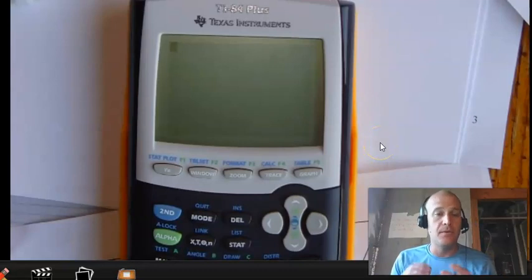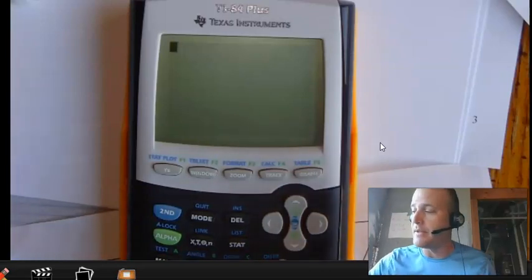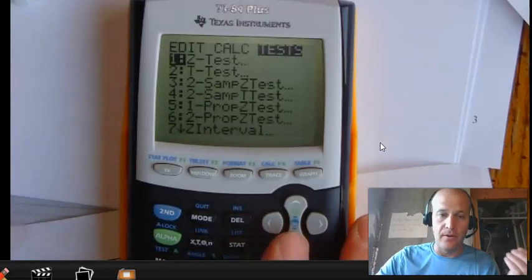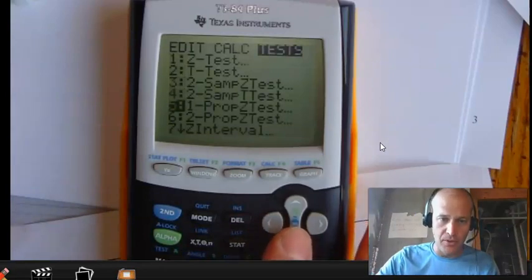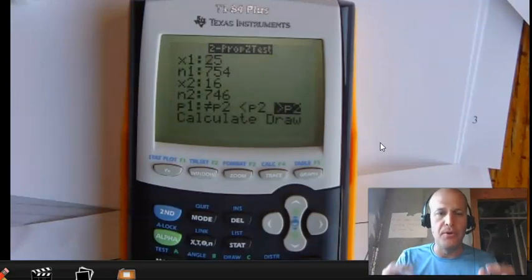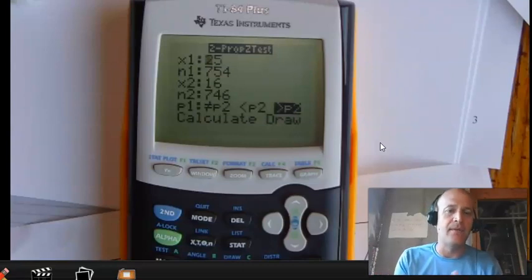Okay, so to get those actual Z and P values, I advocate using the 84 calculator. If I press Stat and then go to Test, we are performing a 2-proportion Z-test. And they're going to want to know several things. They're going to want to know the people who survived from the cardio pump, which is 25, out of the sample size, and the people who survived from CPR, which is 16 out of the sample size.